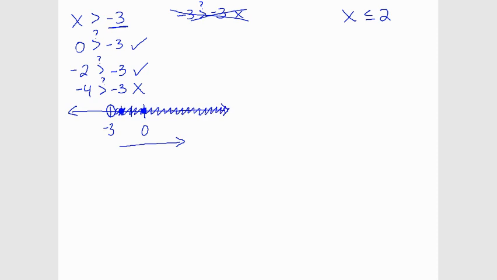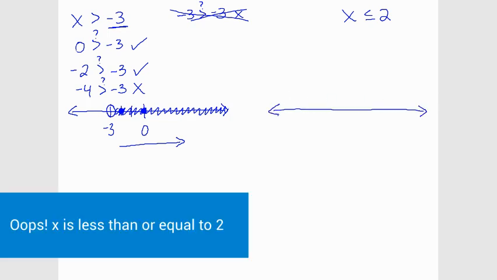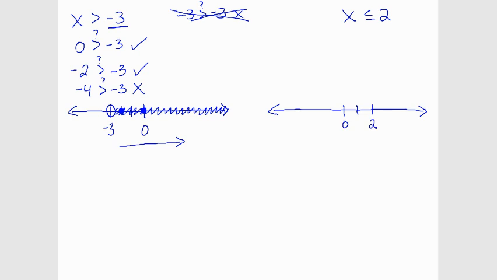So let's go ahead and work with the next one. x is less than or equal to 2. So I'll plot my 0 in the center, 1 and 2. Well, we can think through some solutions. We start with 0. That's always a good place to start because it's an easy point to compare. Is 0 less than or equal to 2?